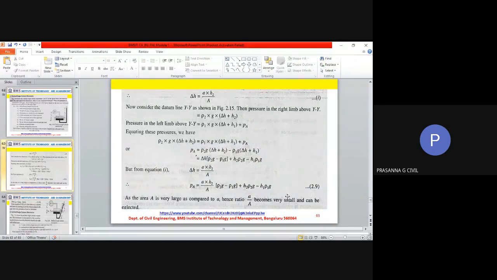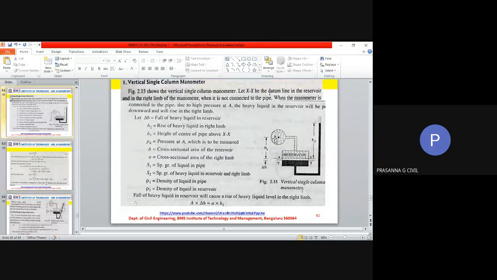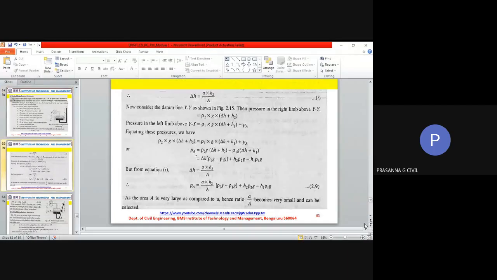And the pressure in the left limb will be given by PA plus, this is H1 and this is delta H. Okay, so H1 plus delta H into the density of this fluid, rho 1 into G. Okay, so we are balancing same like what we have done in the YouTube.